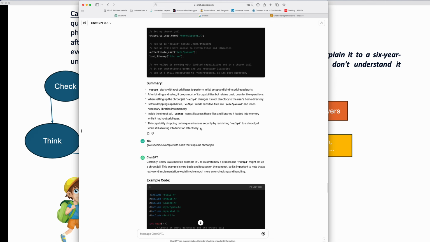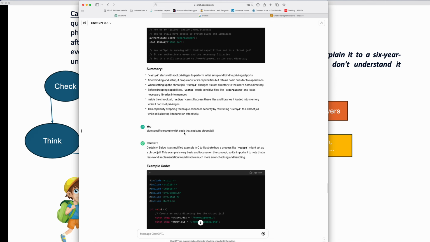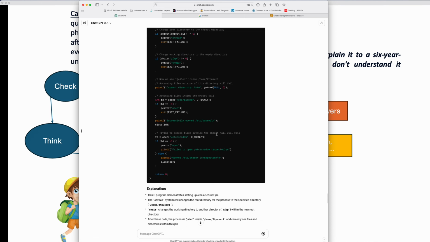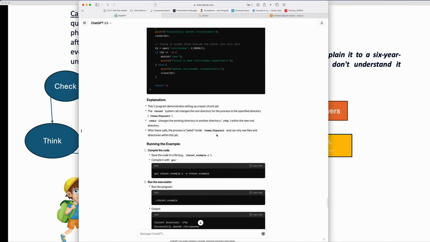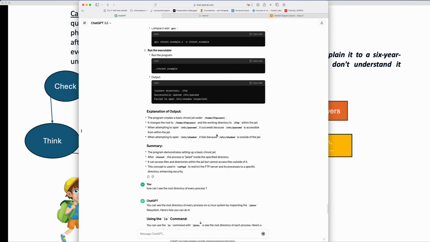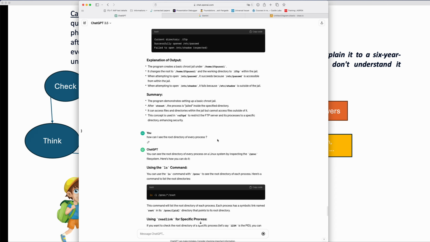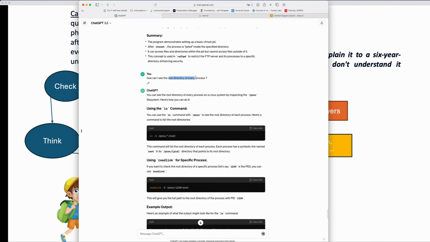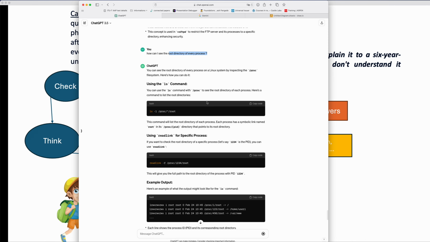So I continue, and here I'm asking more questions about the chroot shell to see the C code, how it works, that there is an API, etc. Just something additional I'm asking. Here I'm asking how I can see the jailed root directory of every process. These additional questions will not even answer my first question, but they make me analyze and think better.